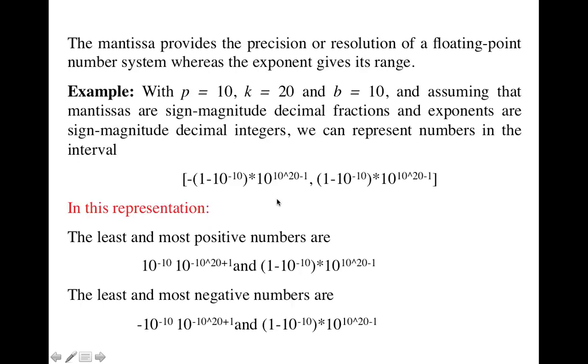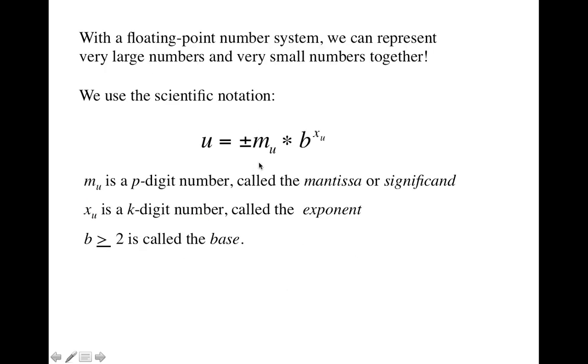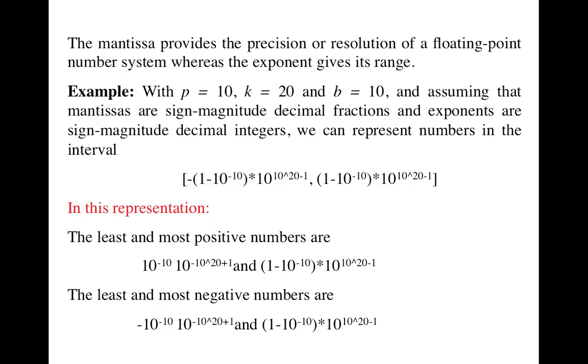And of course, for the mantissa, when we set all of our digits to the highest possible value, and if we take our m to be also a base 10 number, a decimal number, then it'll be 1 minus 10 to the minus 10 with 10 decimal digits in the mantissa portion.